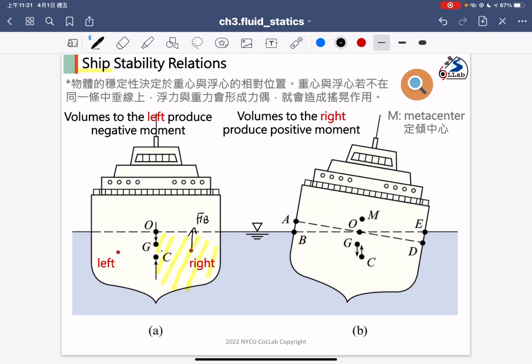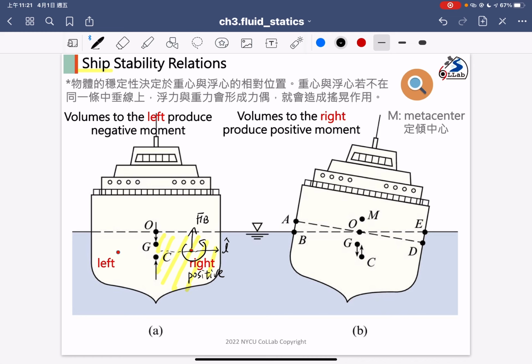Relative to the center line, you have the length along this direction, and the length vector crosses the FB force. You will have a counterclockwise rotation, right? Because the length vector crossed with the force vector gives counterclockwise. And this is the positive moment.